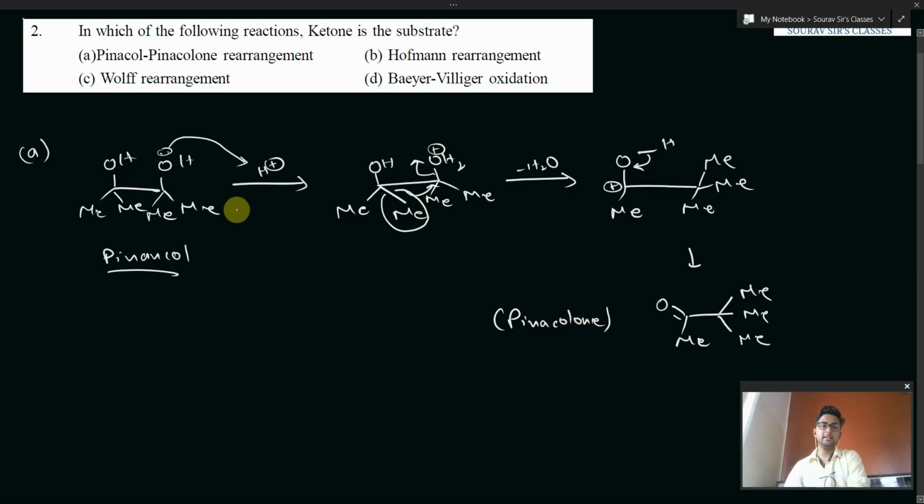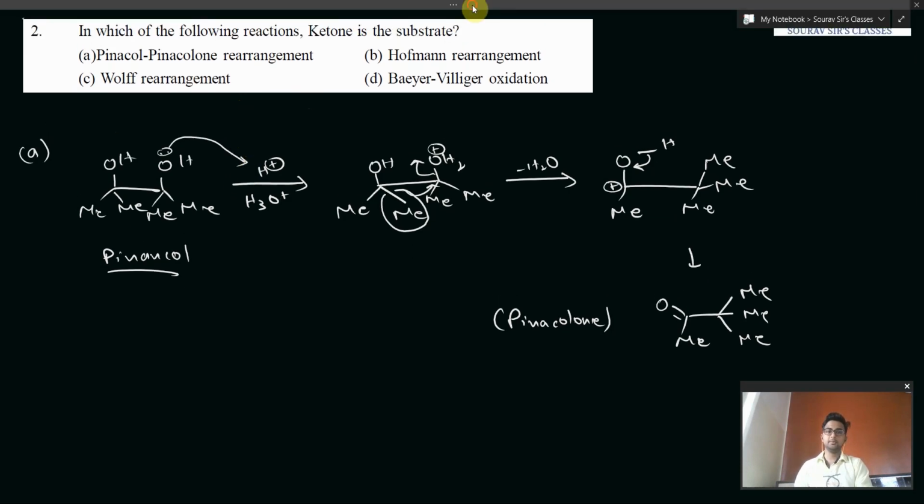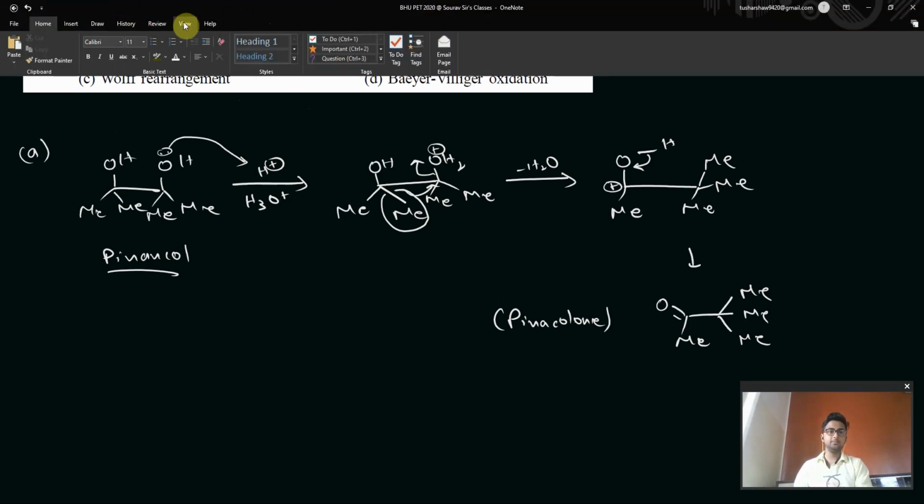So you can see that in pinacol rearrangement, the only substrate that we require is pinacol, and the only catalyst that we require is an acid, or H3O plus, we may say. Obviously this won't then be the correct answer because no ketone is involved as a substrate in this case. So let us move on to the next mechanism. Let me change the color.